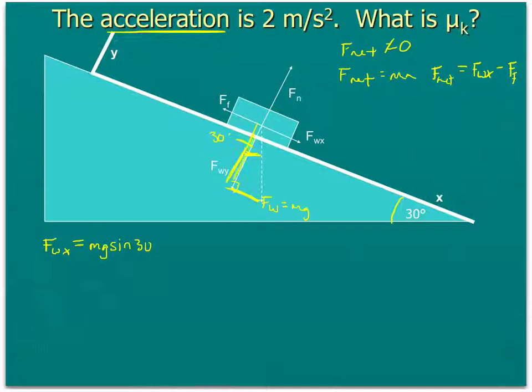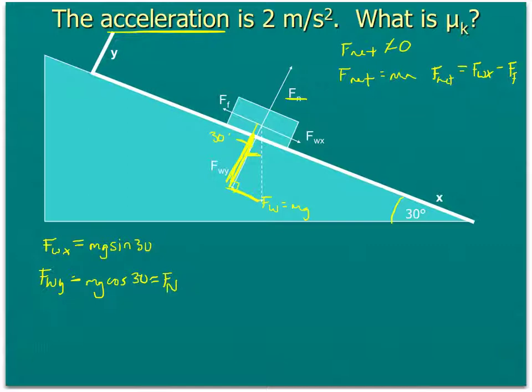It's adjacent to that 30-degree angle, so Fwy is equal to mg times cosine of 30, just like in the last couple problems. Now, I also know that it's going in the opposite direction of Fn, and those two things have to be equal to each other, so I can also set this equal to my normal force.